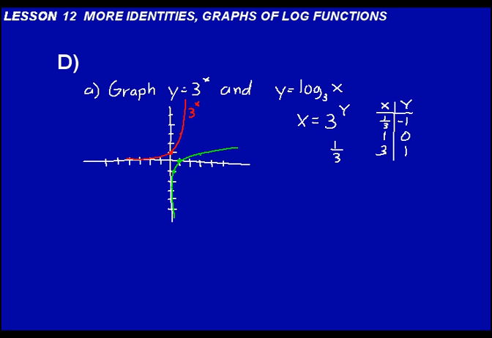So you can see the similarities there in y equals 3 to the x, and then y equals log base 3 of x. They're basically symmetrical images of each other about the line y equals x. That dashed line I just drew there is the line y equals x. That green curve there, that's y equals log base 3 of x.